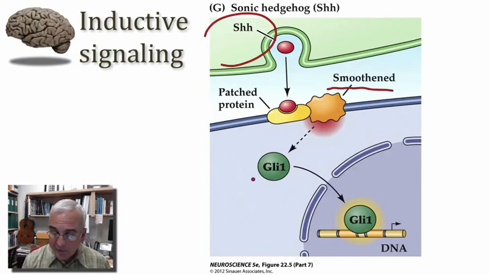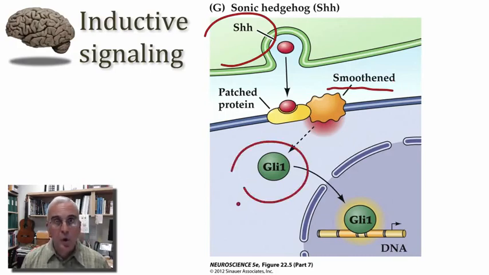Specifically, GLI1 becomes induced, and it binds to DNA and modulates gene expression. This Sonic Hedgehog mediated signaling pathway is critical for the proper closure of the neural tube.